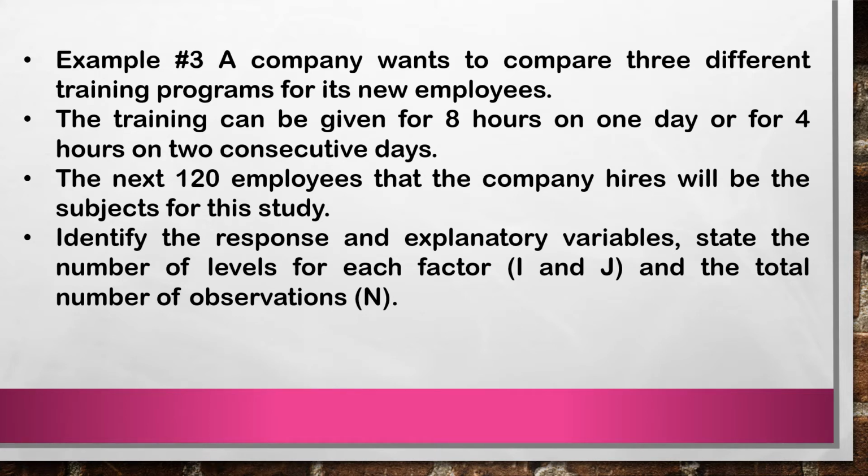After the training is completed, the employees are asked to evaluate the effectiveness of the program on a 7-point scale. We are to identify the response and explanatory variables, state the number of levels for each factor, the quantities I and J, and the total number of observations N.